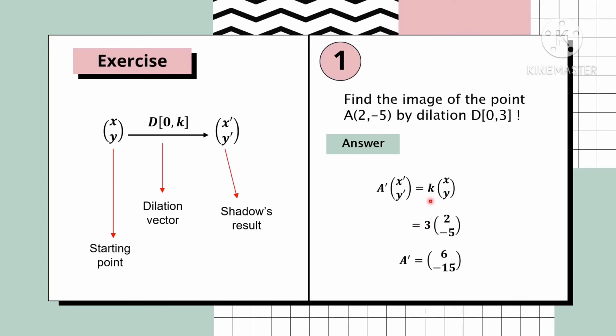From the problem above, we know that the k value is 3 and the starting point is (2, -5). So, we just have to multiply, so the value of A prime is 3 times (2, -5), and this is equal to (6, -15).